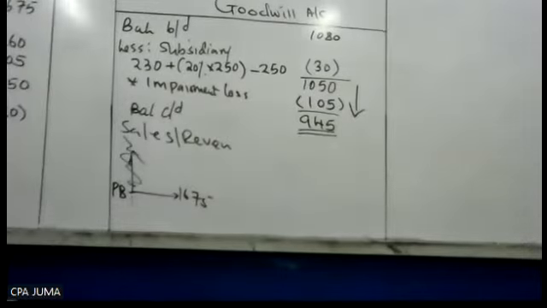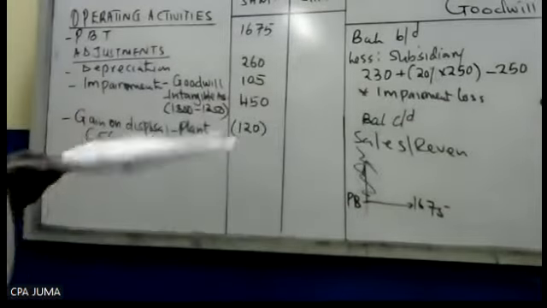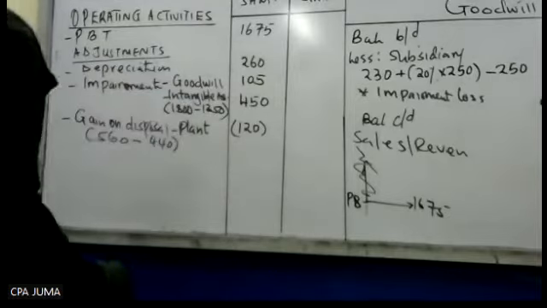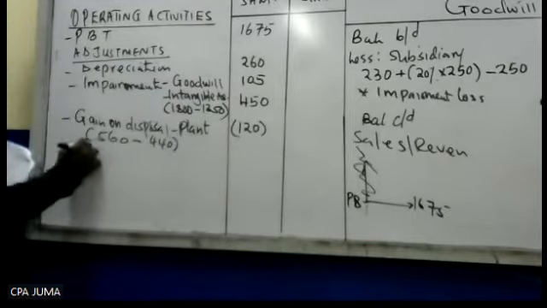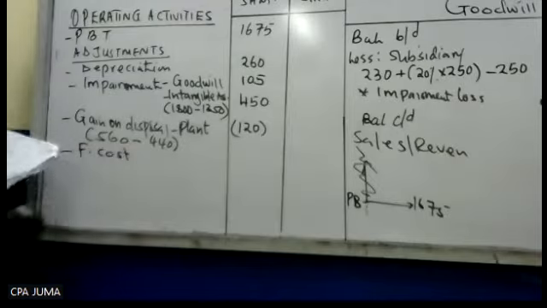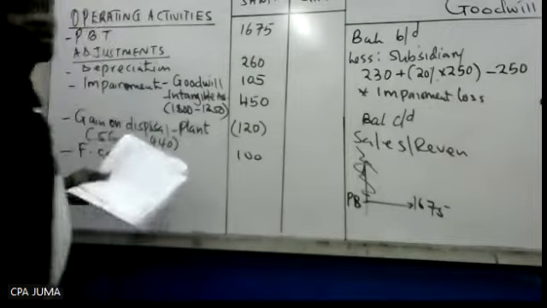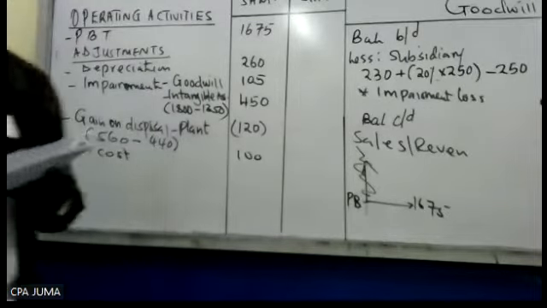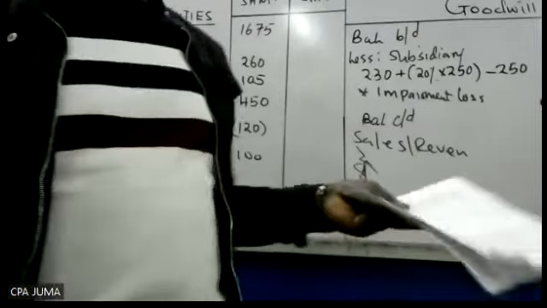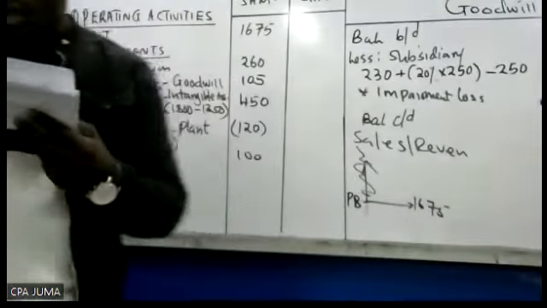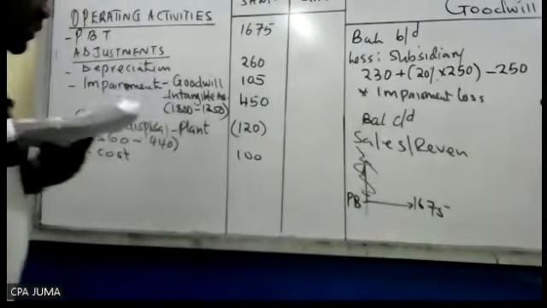Which one are you coming across? Finance cost. Finance cost is subtracted, so you add it back. Finance cost is this category of interest. Do we incur interest on daily operation? No. Next, climbing up, investment income.